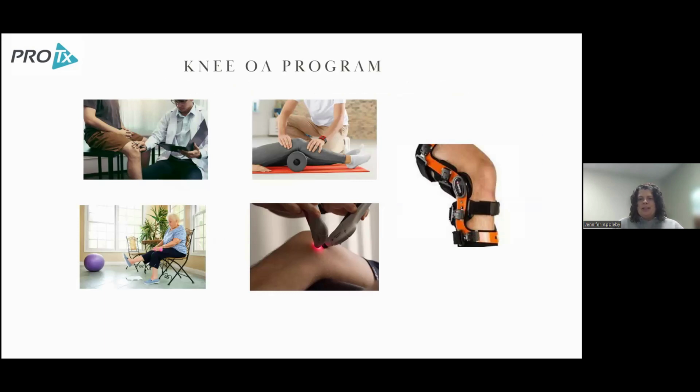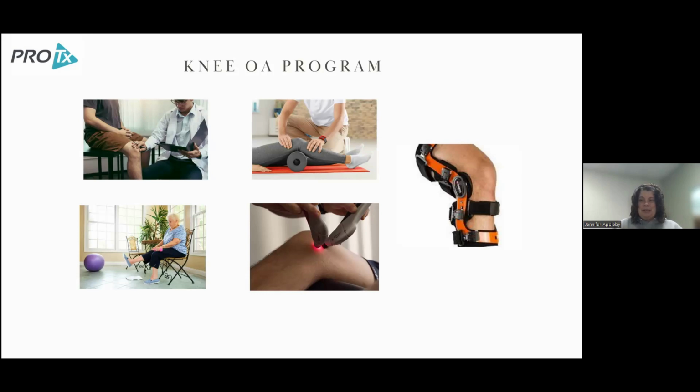So with that in mind, ProTX created a knee OA program, or a knee osteoarthritis program, to help our patients that are diagnosed and waiting and waiting, either to see a specialist, or maybe they have seen someone and they've been told it's a 2 to 3 year wait for anything to happen, or that they're too young for surgery.